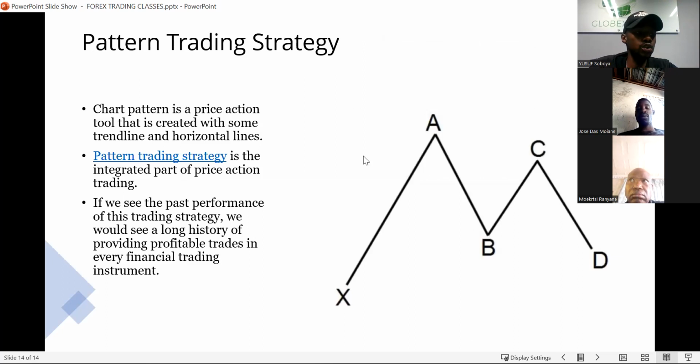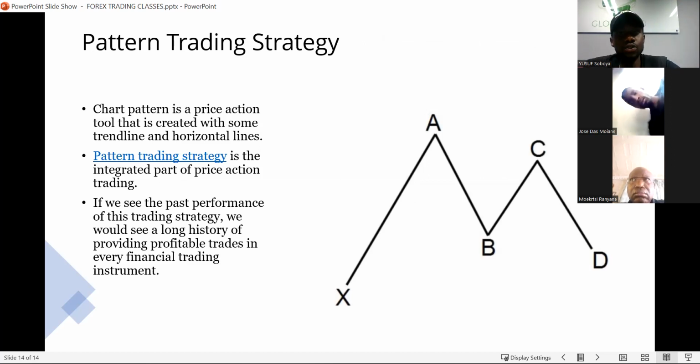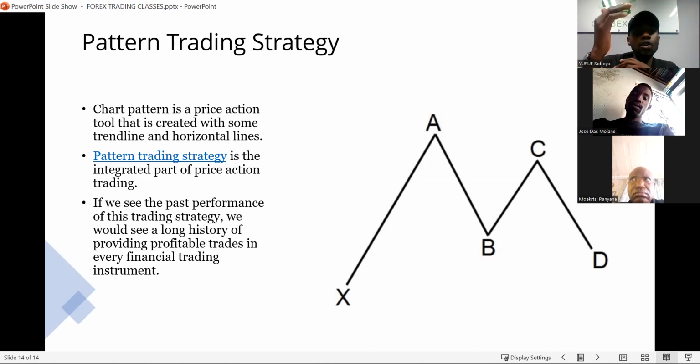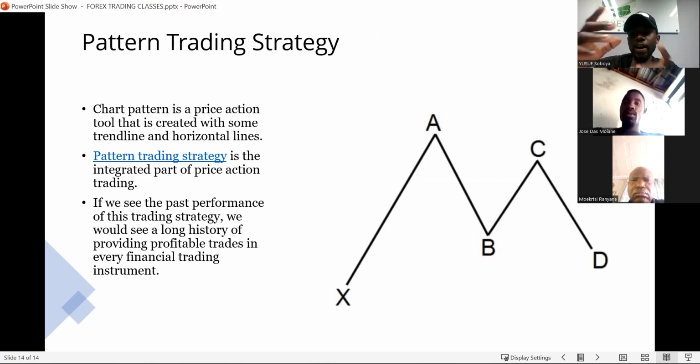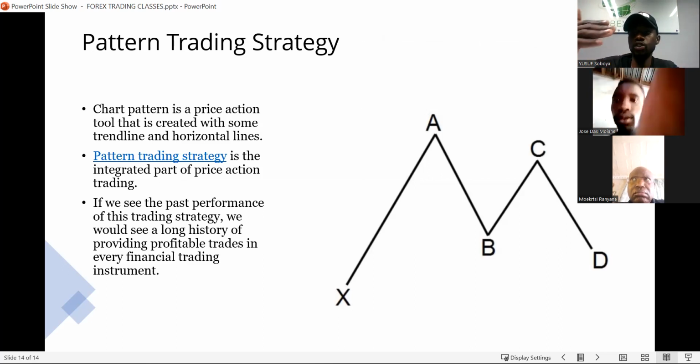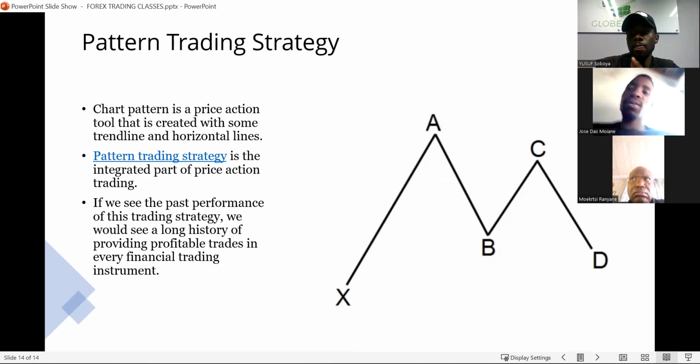Most of the guys also use a pattern trading strategy. A lot of mentors preach about this. They will draw lines and figures and shades and underlines. It's all about patterns, finding the pattern of where the market of that instrument is going, and then following that pattern.